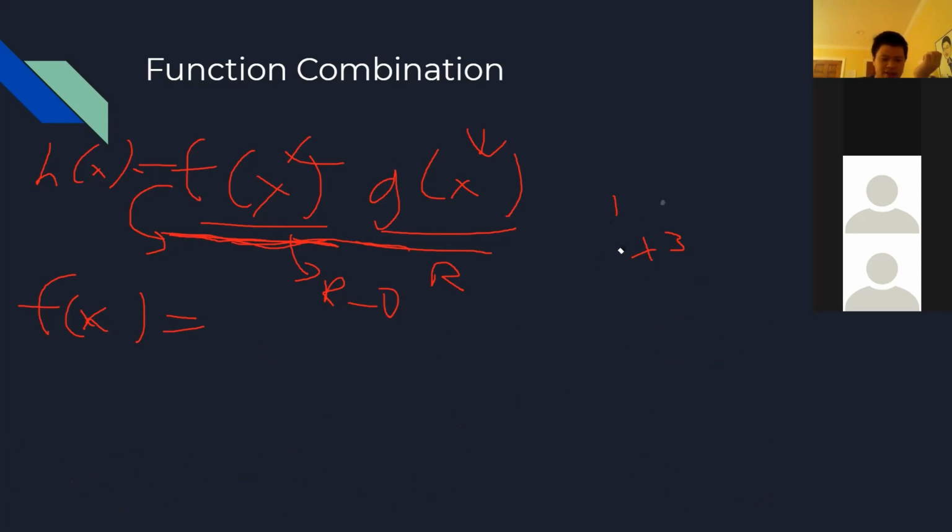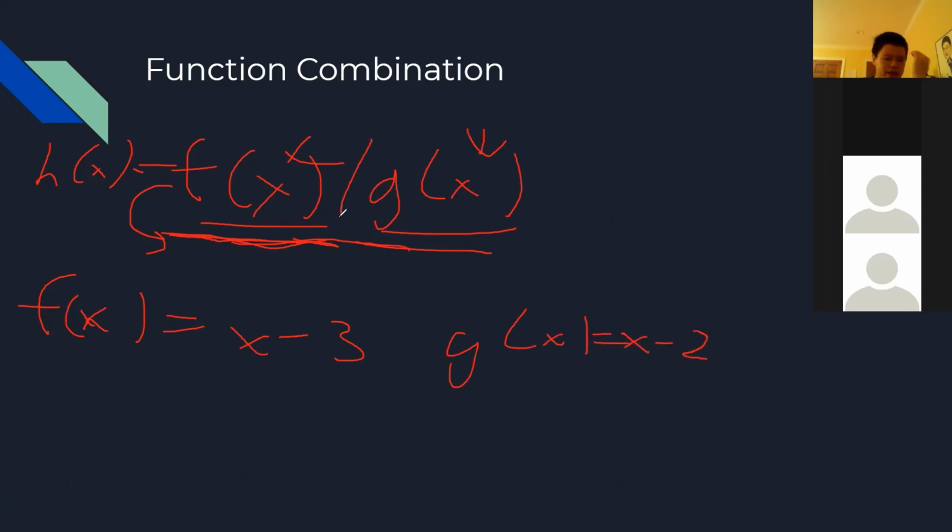Just as a side note, if you're dividing them, let's say f(x) is x minus 3 and g(x) is x minus 2. If we had a division, h(x) equals (x minus 3) over (x minus 2), obviously the input can't be 2 because it's on the denominator.